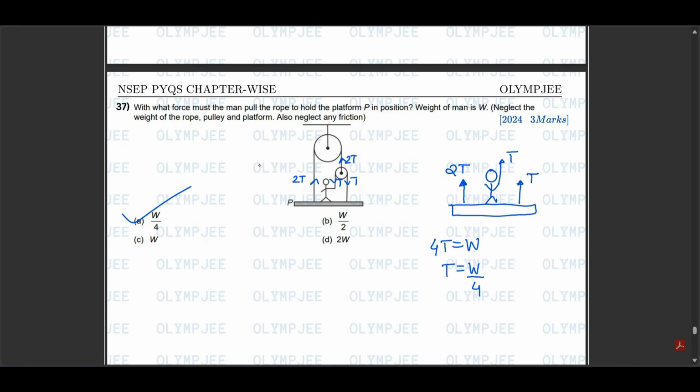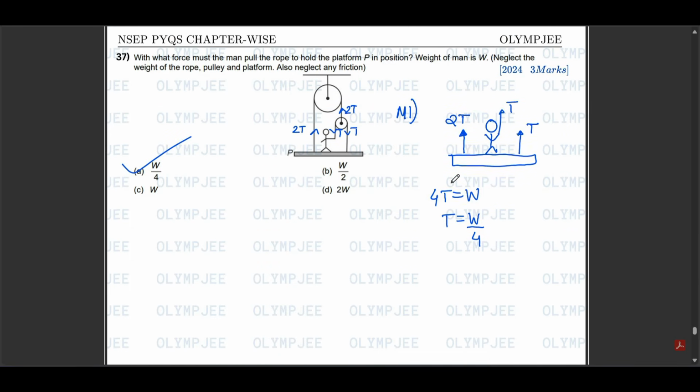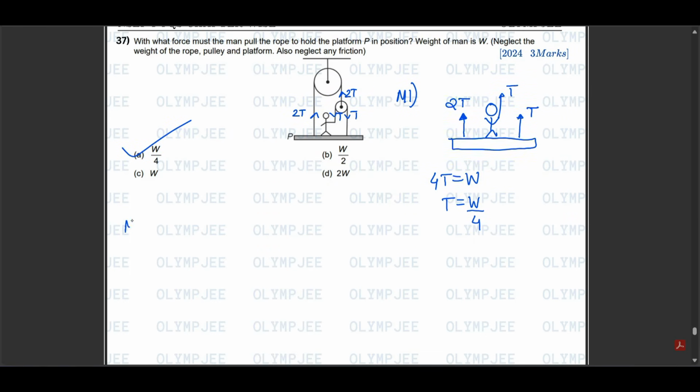This was method 1. If we consider the FBDs of the man and the platform individually, the man has W downwards and tension plus normal upwards. So T plus N is equal to W, and on this platform 3T is acting upwards, right?